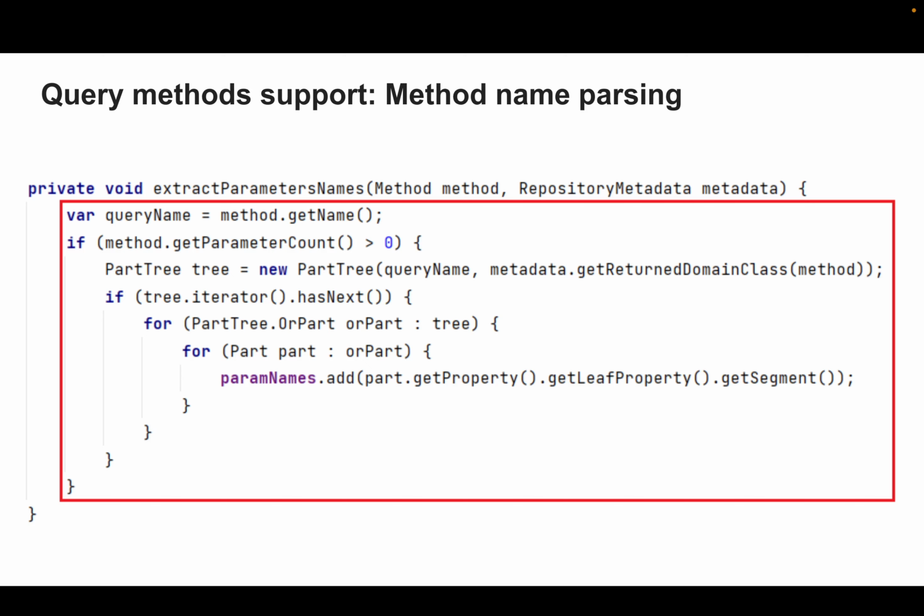So it's kind of a composite pattern implementation, and as you can remember, building the parts inside the part tree, we also have the validation for the property names. Great.